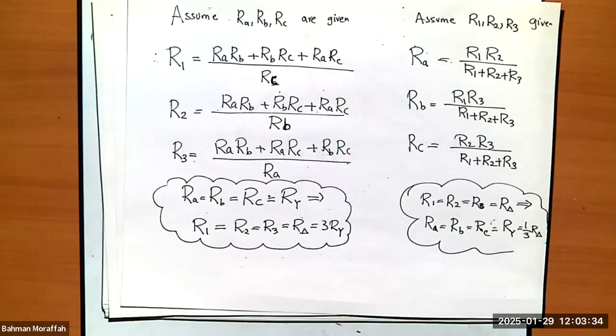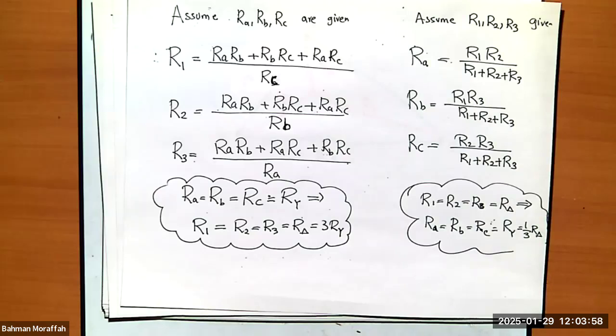Let's just say R1 is 5, R2 is 5, and R3 is 5. I called that 5 R delta. Over here, I have RA, RB, and RC. Let's just say RA is 5, RB is 5, RC is 5. I'll call that 5 RY. It's just the value of it.